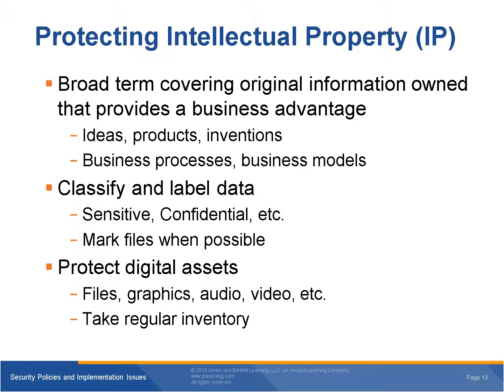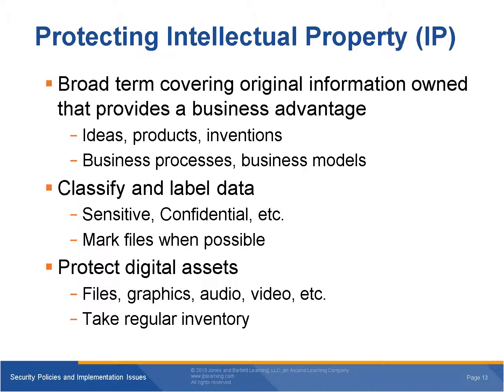So protecting intellectual property. Intellectual property is a broad term covering original information owned that provides a business advantage. It could be ideas, products, inventions, business processes, business models. Those are all the intangible assets that companies have.